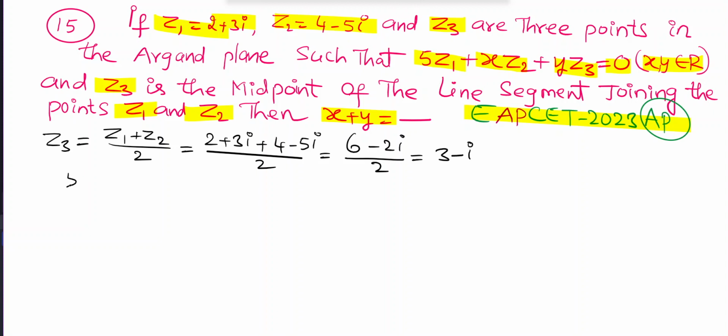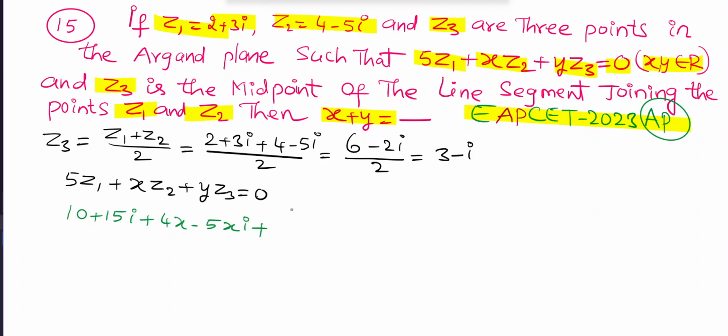Substituting in the equation 5Z1 + xZ2 + yZ3 = 0. Substituting all these values: 5 into Z1, that is 2 + 3i, is 10 + 15i, plus xZ2, multiplying by x, is 4x − 5xi, plus yZ3, that is 3y − iy, equal to 0.